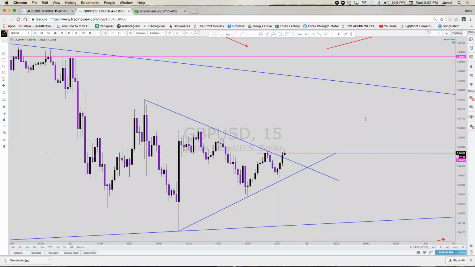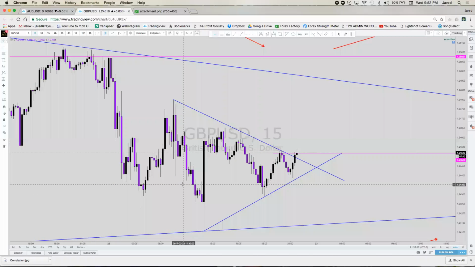All right, another pair. Let's go. Inverse head and shoulders on the 15-minute right here. This right here. Right here. Brian? Yeah, it's an ugly one, but yes, it is one.